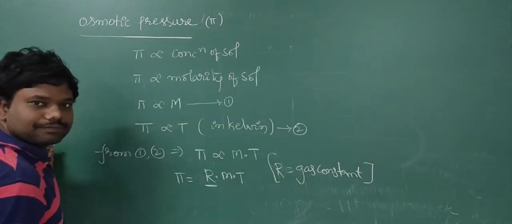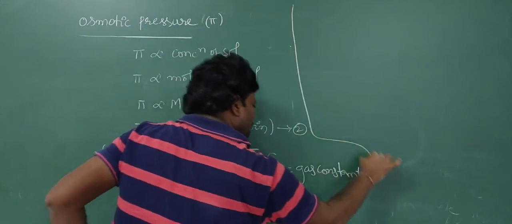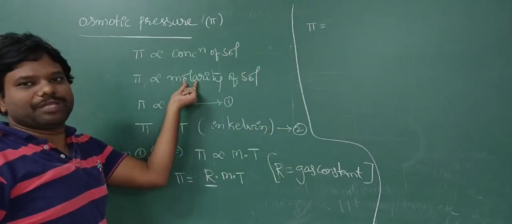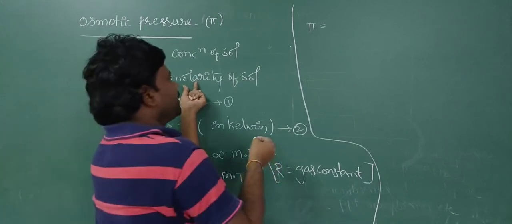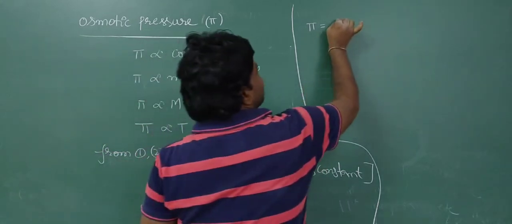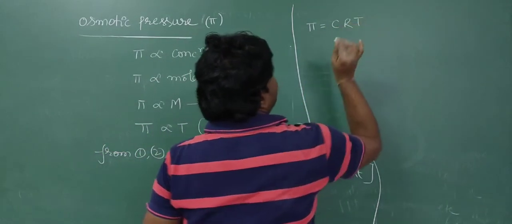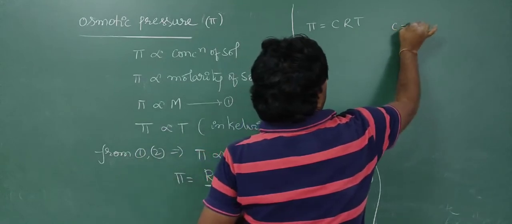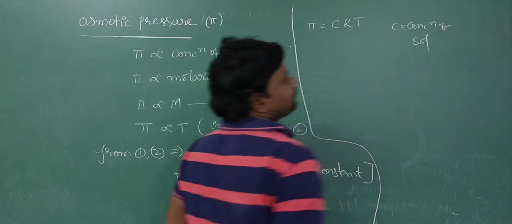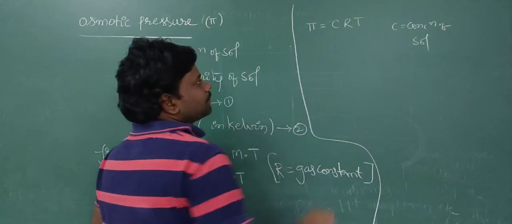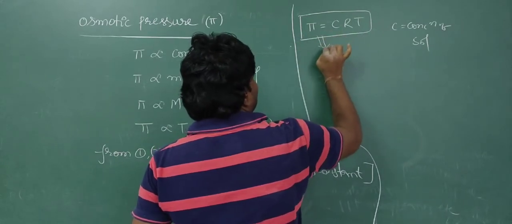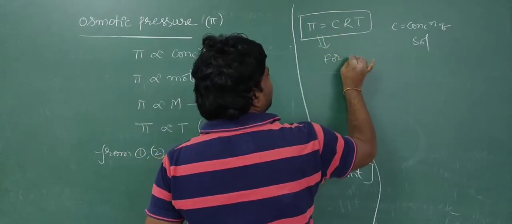Now, pi is equal to MRT, where M means molarity, which is one of the concentration methods. So instead of molarity, I will take C here. C means concentration of solution. This is for non-electrolytes.